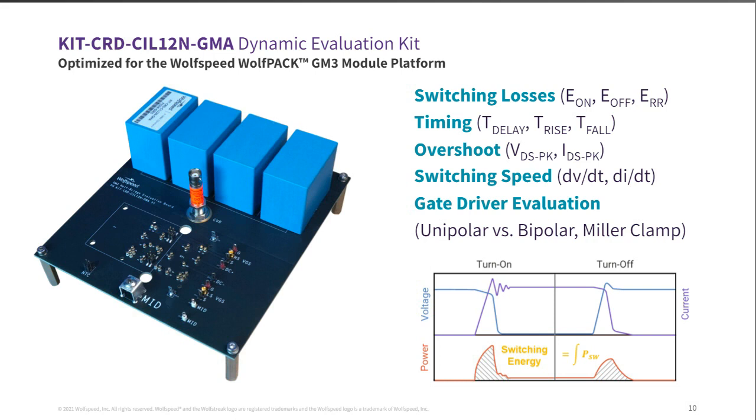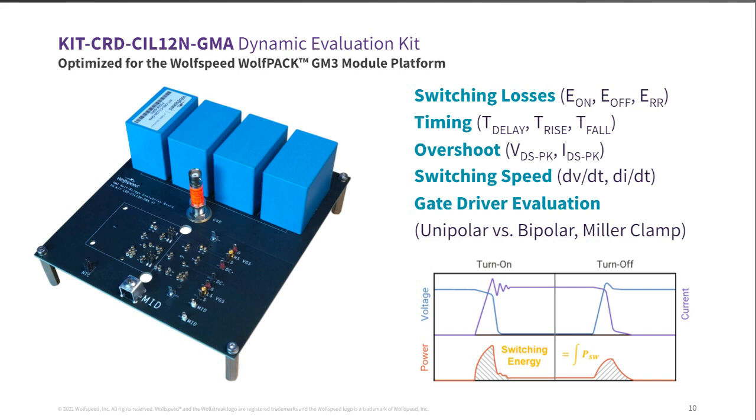So again, you don't have to worry about how you're going to make the measurement, or whether it's the best measurement that you can make. We've tried to build that into these boards. Another thing you can do: with this Wolfpack platform, I had mentioned previously all the partner gate drivers that we have, and you can see here that the gate drivers can actually plug directly into the board.